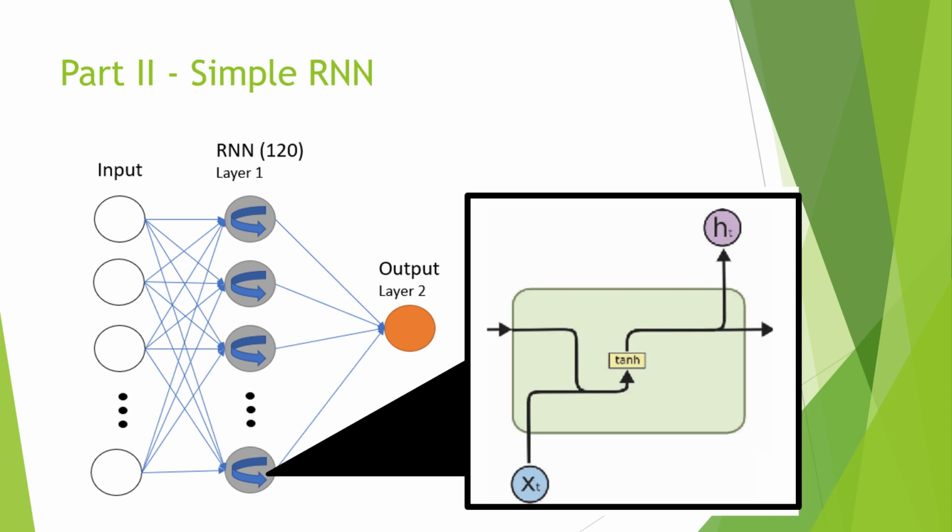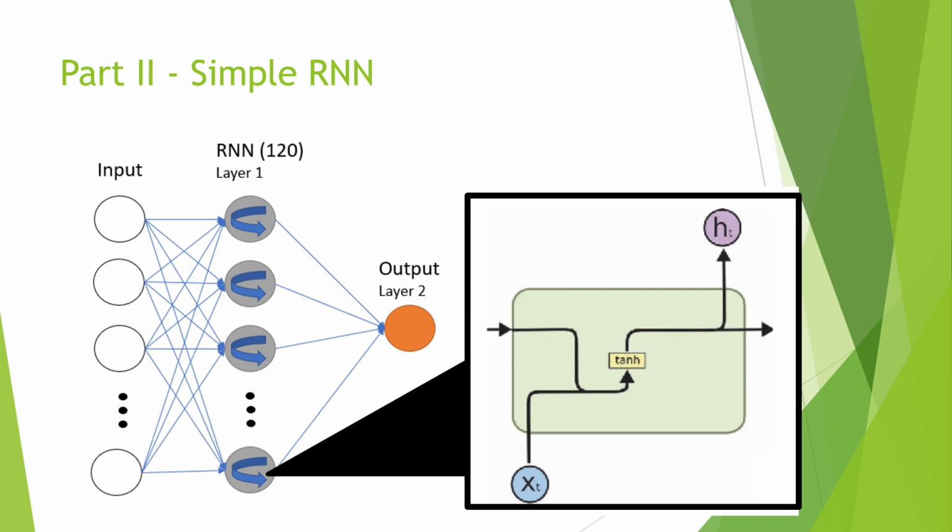The RNN layer contained 120 neurons, as you can see from the image on the left. I also zoomed in on one of the RNN neurons in the diagram to show you what the architecture of a simple RNN cell looks like.